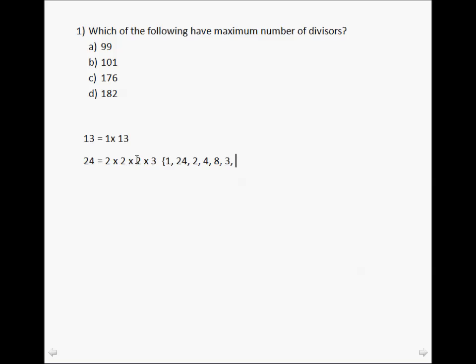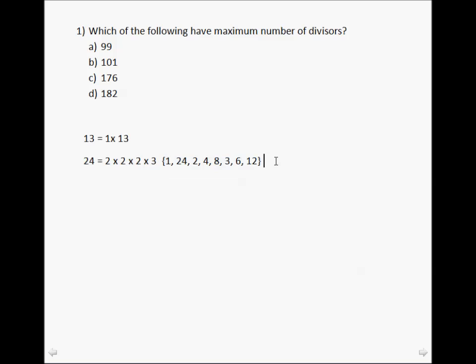If we choose 3 and 2, 6 would be the factor. If we choose 3 and these 2's, so 3 2's are 6, 6 2's are 12 would be the factor. And if we choose 3 and all these 2's, then 24 will be the factor. So all these would be the factors of 24. So how many factors? 1 2 3 4 5 6 7 8. 8 factors, right?